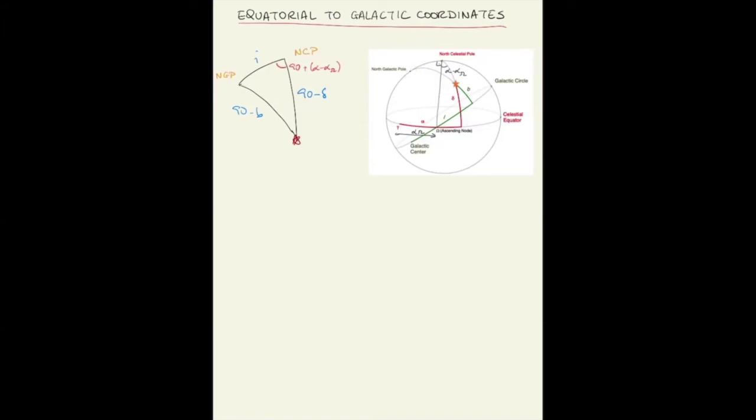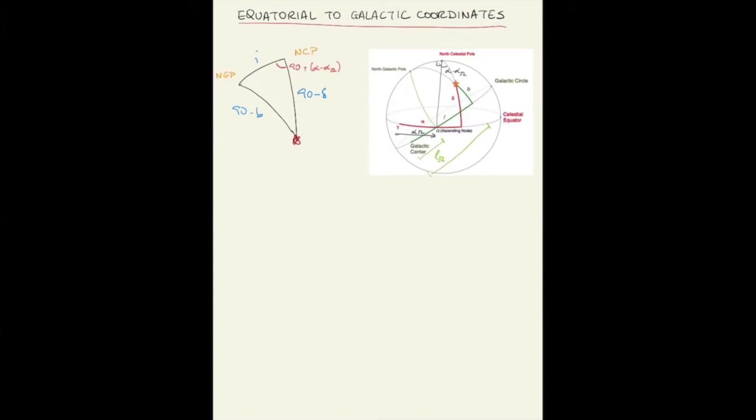Now this other angle here, with vertex at the north galactic pole, is going to be given by the ascending node. But we now pass to galactic coordinates and go from the galactic center to the ascending node. That gives you the longitude of the ascending node. If you pass a vertical circle going from the north galactic pole to the ascending node, then this angle here is the longitude of the star.